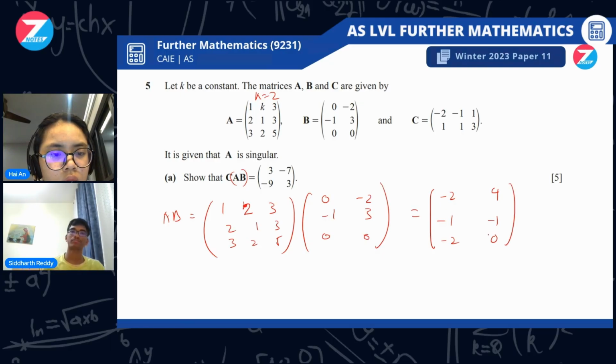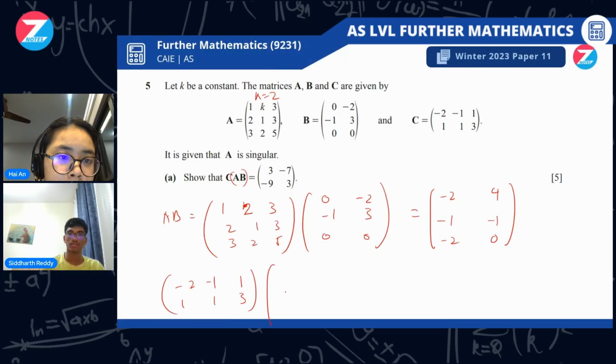Okay. So now let's find C times this one. So C is just going to be minus 2, minus 1, 1, 1, 1, 3, times minus 2, 4, minus 1, minus 1, minus 2, 0. You can note that we can actually just cut out basically the rightmost and the bottommost to form a 2 by 2 matrix, but let's just do it directly.